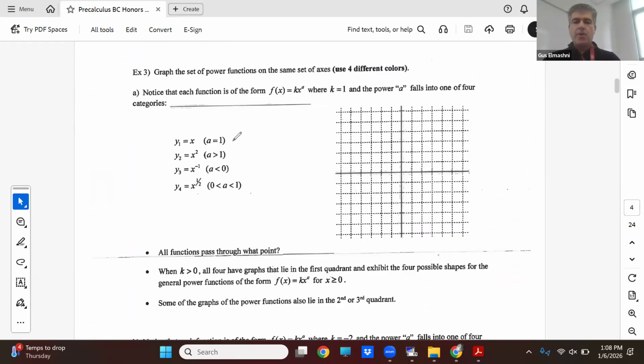I'll do red for Y1, blue for Y2, forest green for Y3, and black for Y4.